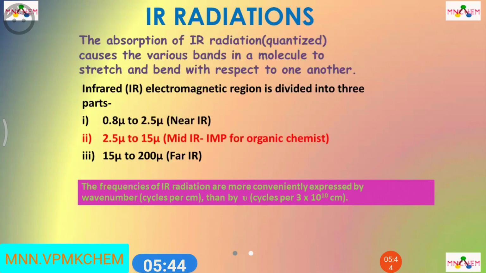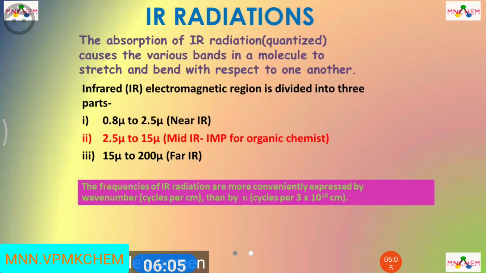0.8 micron to 2.5 micron is termed the near IR region, which is obviously near to the visible region. The mid IR region, 2.5 micron to 15 micron, is very important.